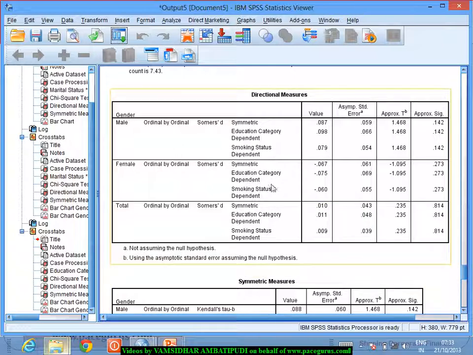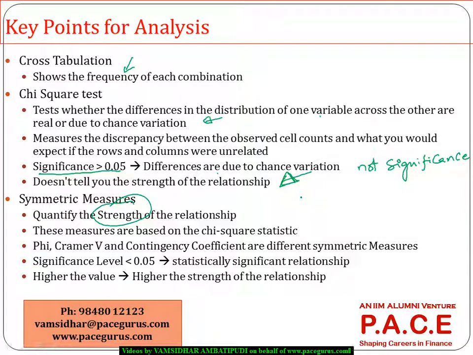Means by knowing that particular variable, the other variable can very well be predicted. That is what comes out as a part of the directional measure analysis. So using the cross tab, basically we can analyze the statistical significance of the relationship between the two categorical variables, probably by layering against one or more variables also.